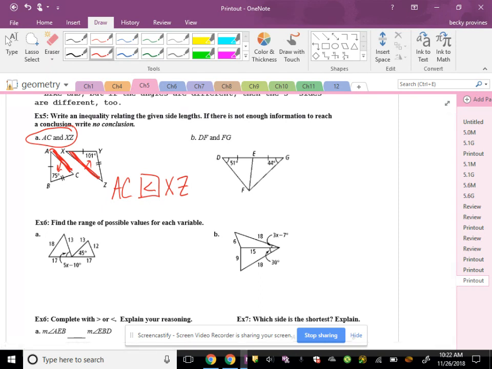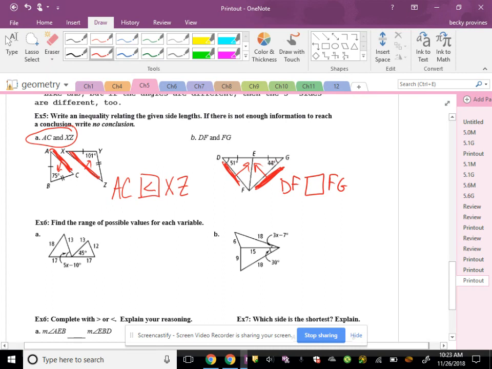Now, sometimes they're going to really try to fool you. And I think this might be that one. Let's find out. All right, so here's this side, and we're trying to compare them. Now, if I look across, do I know anything about those angles? And I don't, do I?